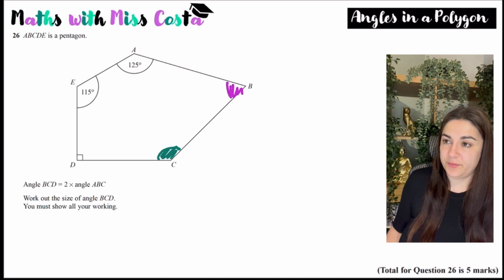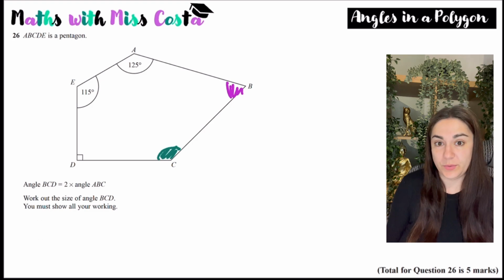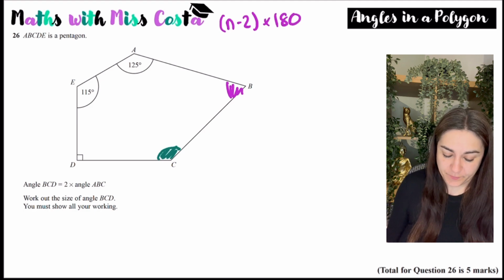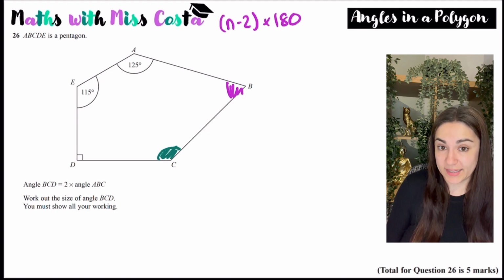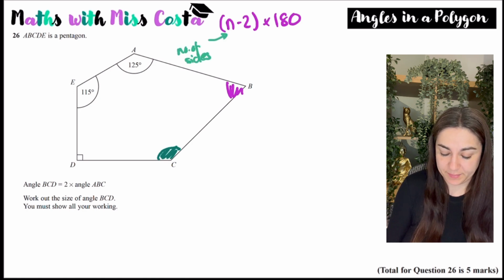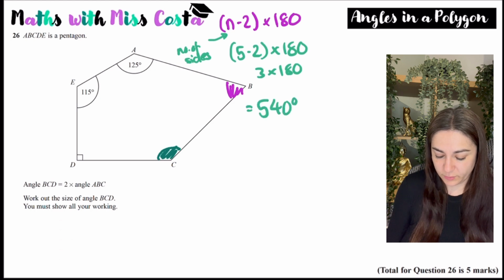Okay, so first of all, when I've got angles in a polygon, you use the formula n minus 2 times by 180 to figure out what the angles in the polygon must add up to. N represents the number of sides. In this case, it's a pentagon. It's a 5-sided shape. So you do 5 take away 2 times 180. So that's 3 times 180, which is 540 degrees.